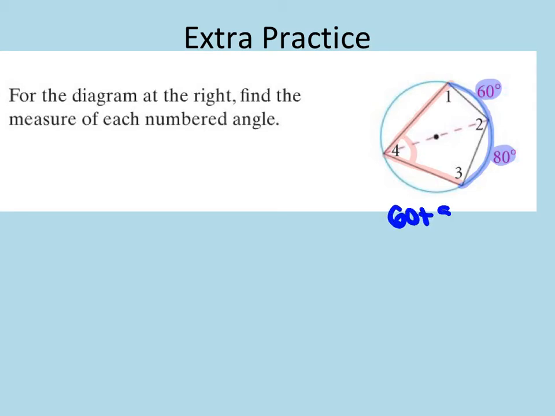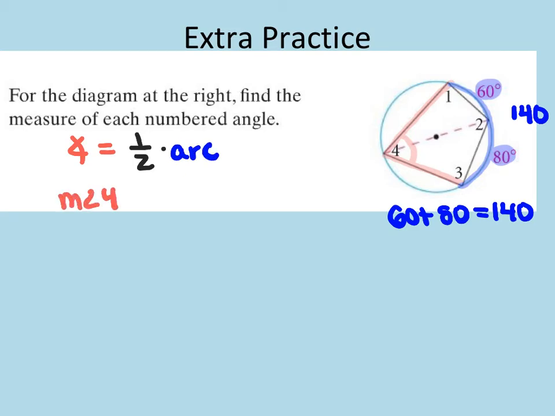And if I add the 60 plus 80, gives us a value of 140. So the measure of this whole arc is 140. Now if I use my formula, where we have the angle equals 1/2 times the arc, it would give us that the measure of angle 4 equals 1/2 times the arc of 140. So the measure of angle 4 equals 70.